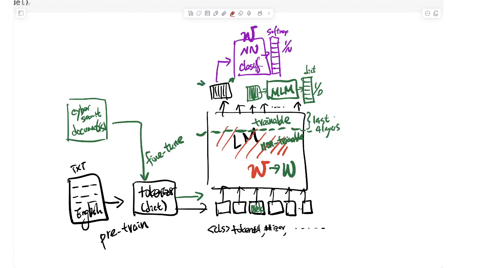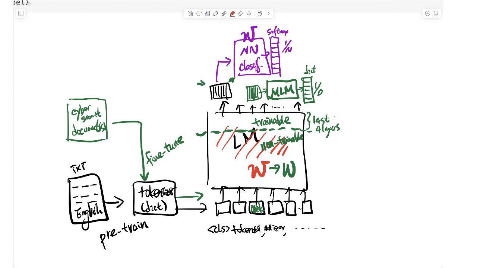So one way to do so is that in this neural network, you can freeze some weights. Take this example: we can freeze the very first few layers of weight, and for example, you can take the last 4 layers and make them trainable.